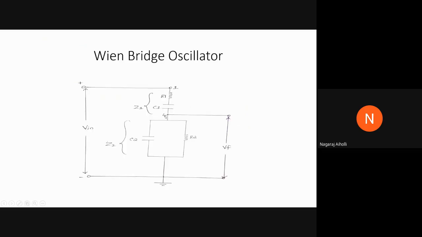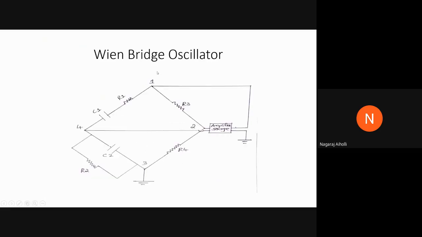This series R1 C1 is considered as impedance Z1, and the parallel combination of R2 C2 is considered as impedance Z2. The input voltage V is applied to the feedback network between terminals 1 and 3, and the output of the feedback network is between terminals 2 and 4.